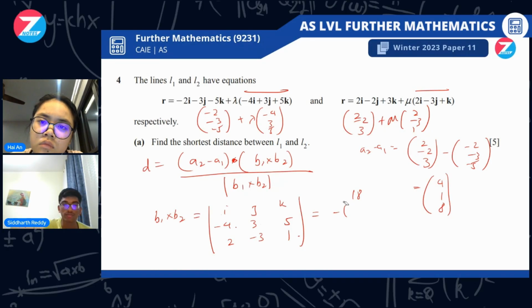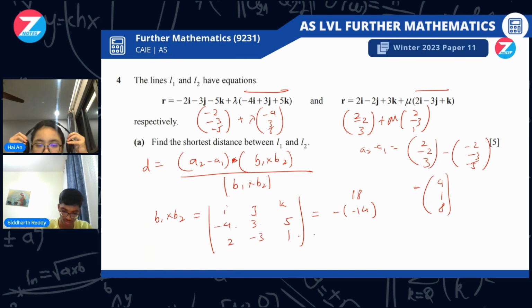Oh, sorry, my bad, I'll just use a calculator. So minus of minus 14. And k: minus 4 times minus 3, which is 12, minus 6, which is just 6. So this whole thing is just 18, 14, 6.